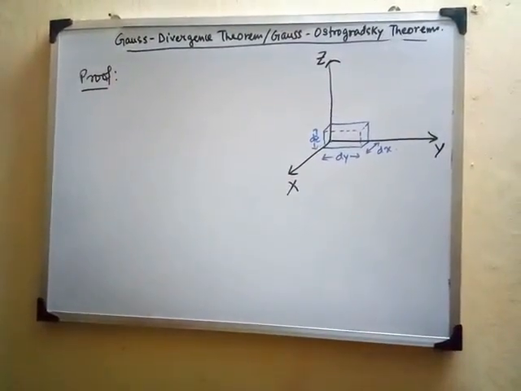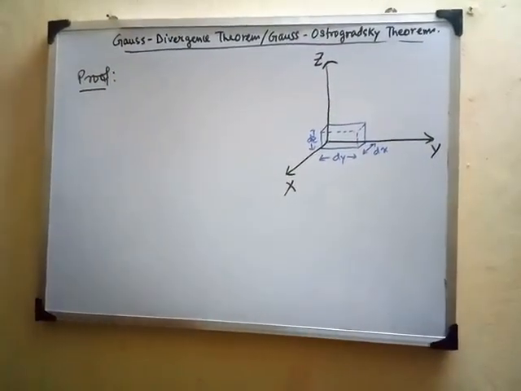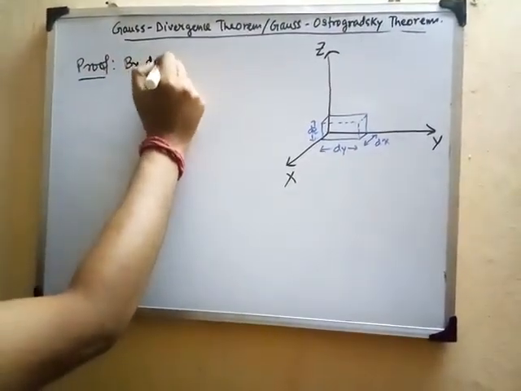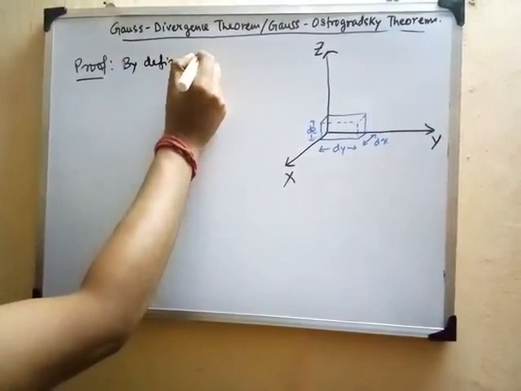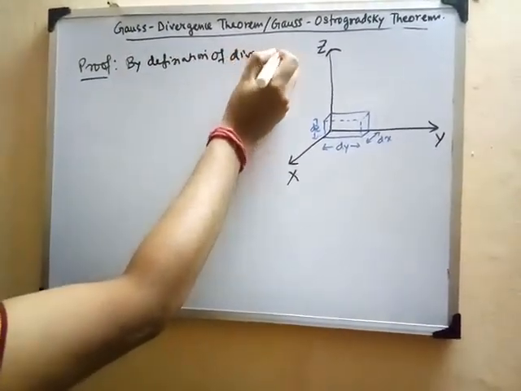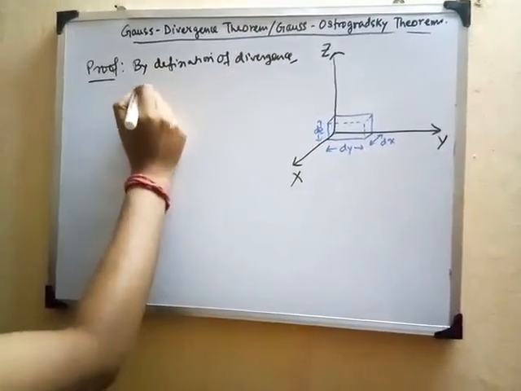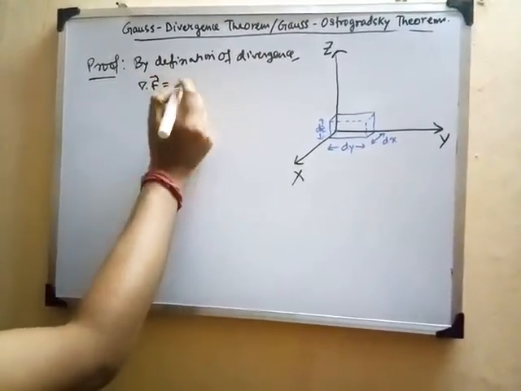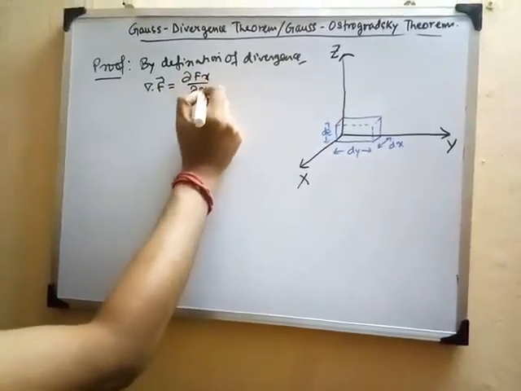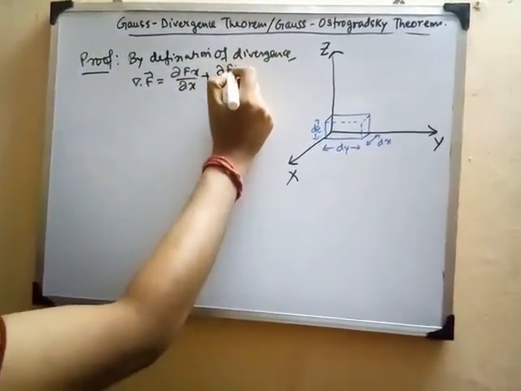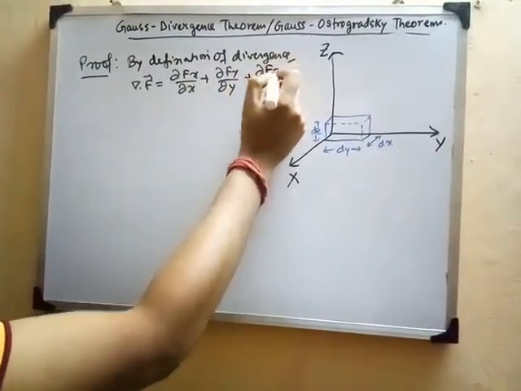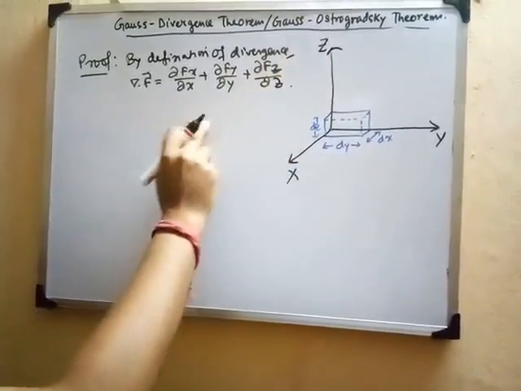Now to prove this Gauss divergence theorem, we simply write by the definition of divergence. We remember the definition of divergence, so we can write del dot F, which we learned in our previous classes, that is del Fx by del x plus del Fy by del y plus del Fz by del z. So this is the definition.